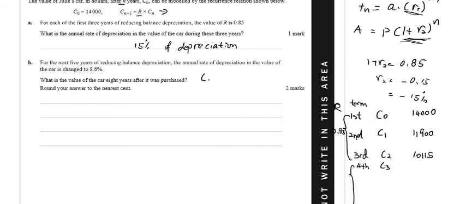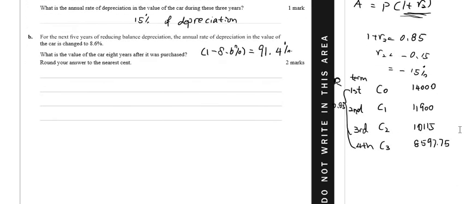So the capital R over here is going to be 1 minus 8.6%, and that's going to be 91.4%. So we are going to use our third term times 91.4%, because that is equal to 0.914.